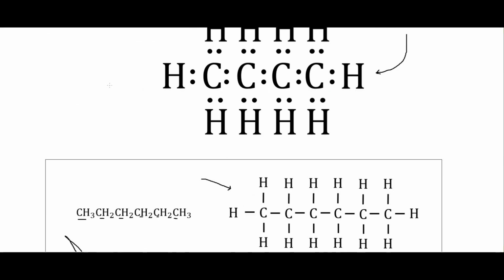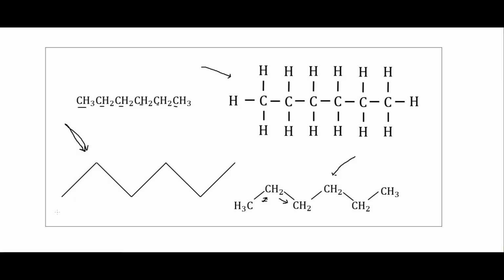When you see a drawing like this, every point on here, every corner, is a carbon. If you don't see any oxygens or nitrogens or anything else on it, you just assume that the bonds that are not to other carbons go to hydrogens. Here at this end, this has only a bond going to another carbon, so it would have 3 hydrogens, which is what we see here, and here, and here.